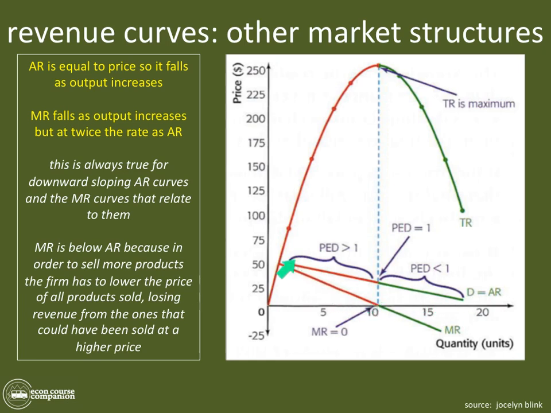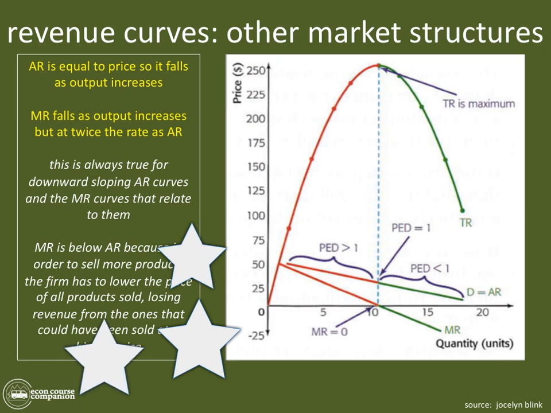Okay, and this is the situation. Remember, this is the situation in monopoly. It's the situation in monopolistic competition, and the third market structure where it is the situation is oligopoly. Okay, that is pretty cool.